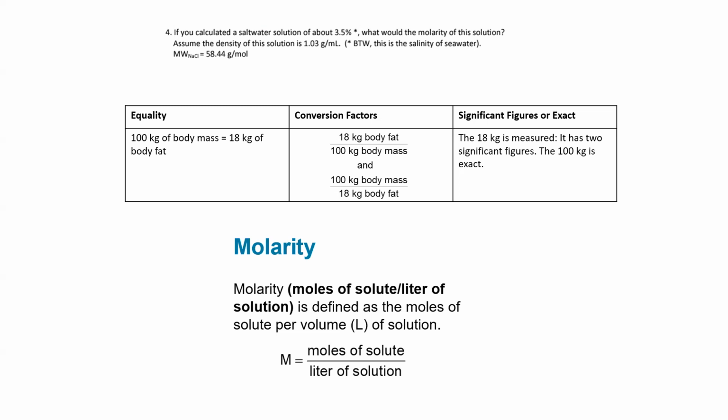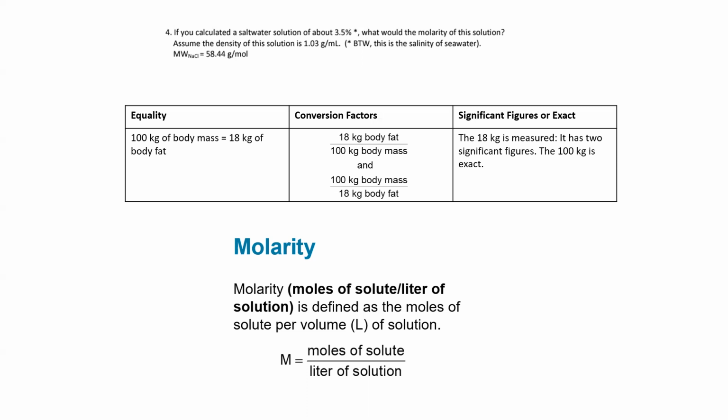Remember that when we have a mass percent, we can write that as 3.5 grams of salt, which is the solute, over 100 grams, which is an exact value, of the solution, which is the saltwater solution in this case.